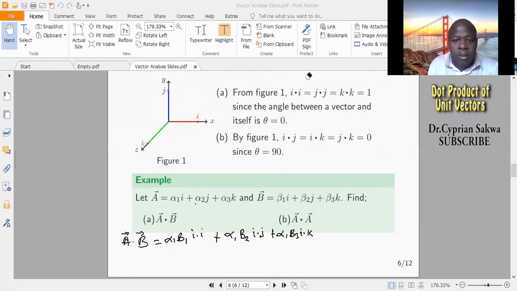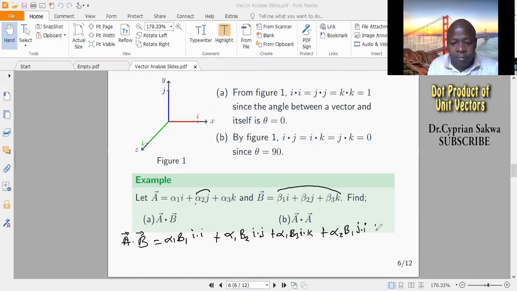I now want to use the other one, the second one, this, and the whole of this. So alpha 2 j, and this will give me alpha 2 beta 1 j dot i. What about this and the second?